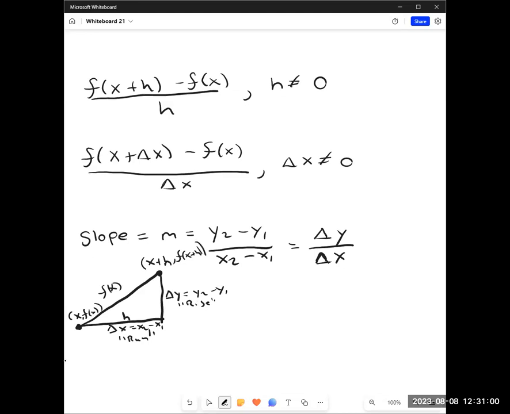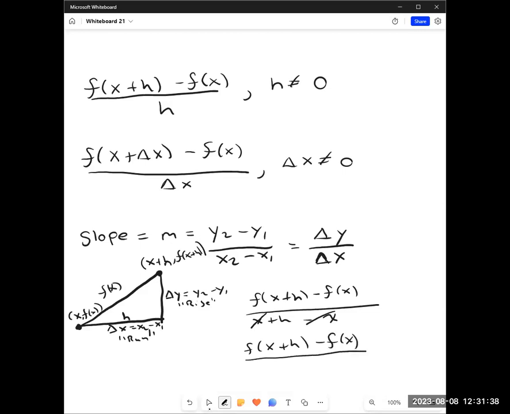Now, if we were to find the slope of this line that connects these two points, x, f of x and x plus h, f of x plus h, we would have our y2 minus our y1 over our x2 minus our x1, and this x and that negative x would make a 0, and I'd have my formula for my difference quotient.